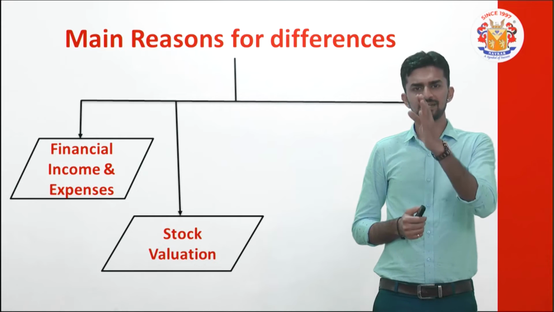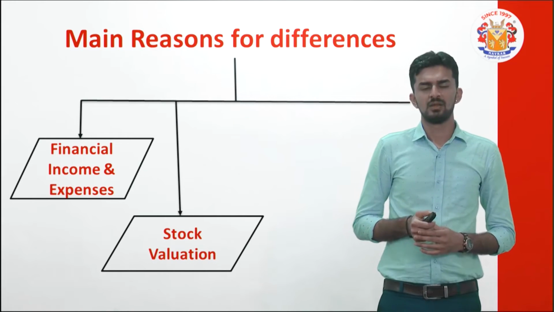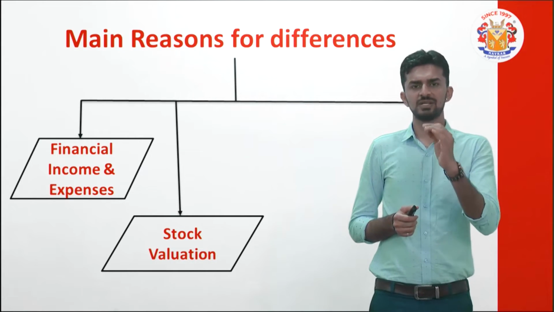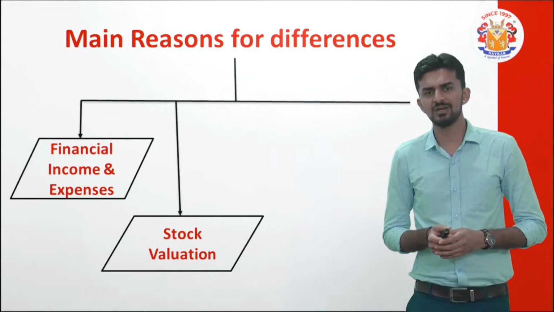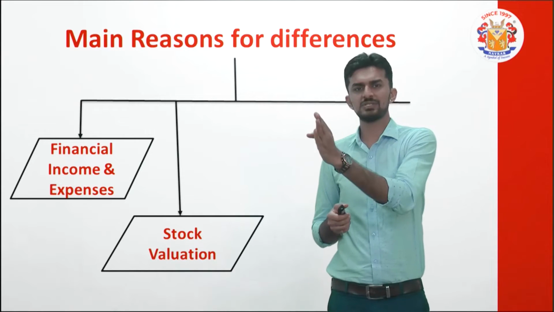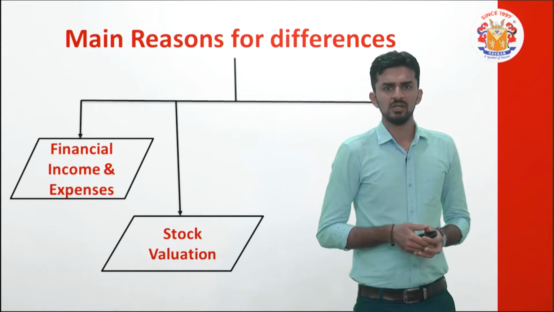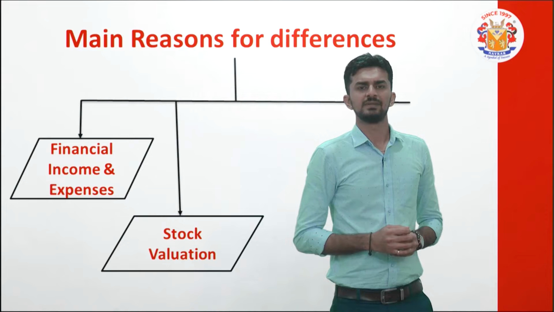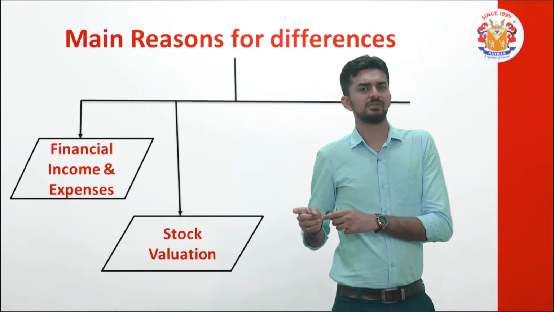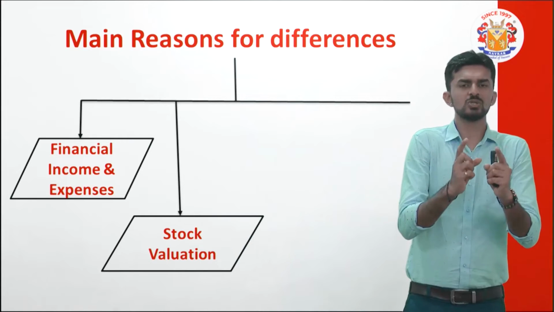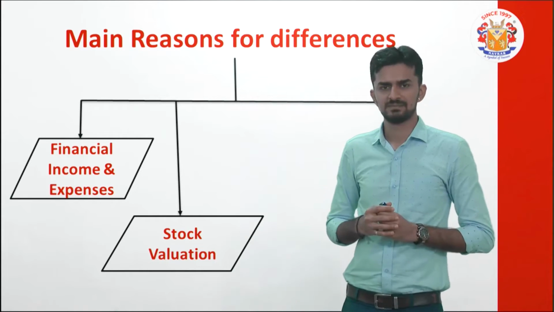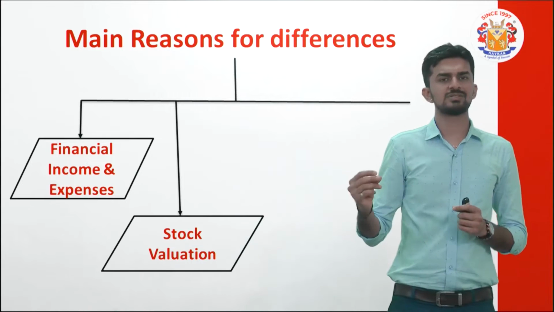On the credit side, closing stock. Financial accounting will record 90,000 because financial accounting follows the formula of cost or NRV, whichever is less. Cost was rupees 1 lakh, NRV is 90,000, so finance has to record 90,000, that is cost or NRV, whichever is less.